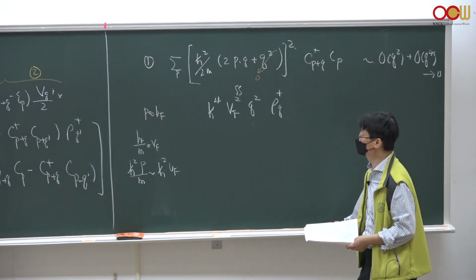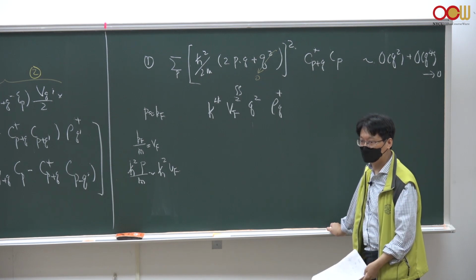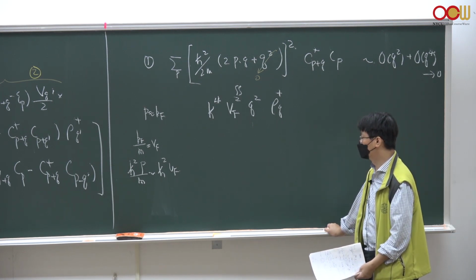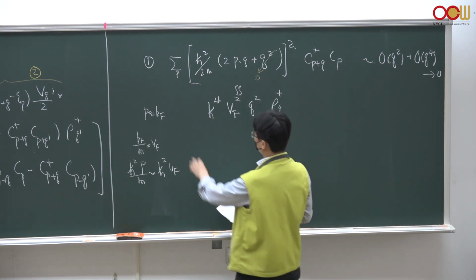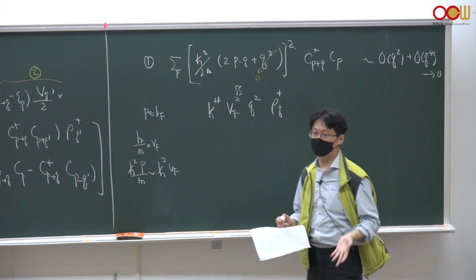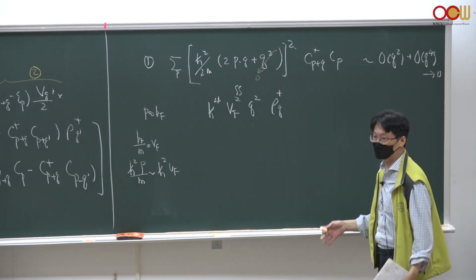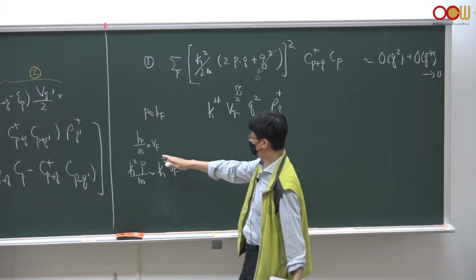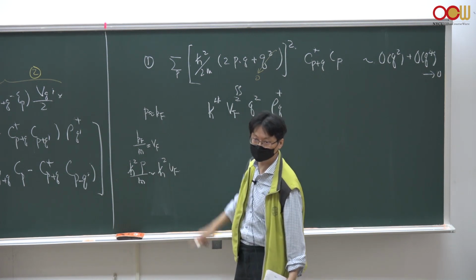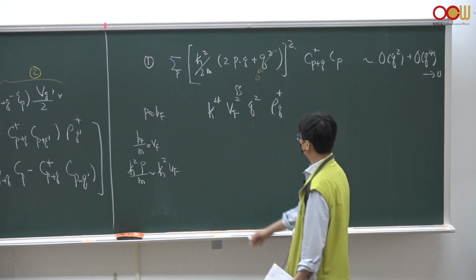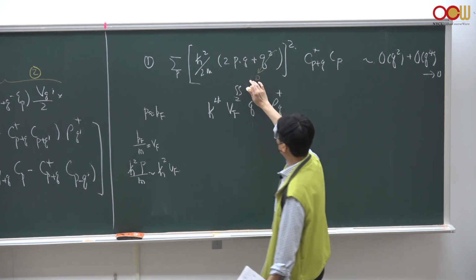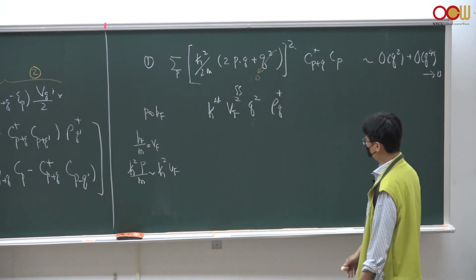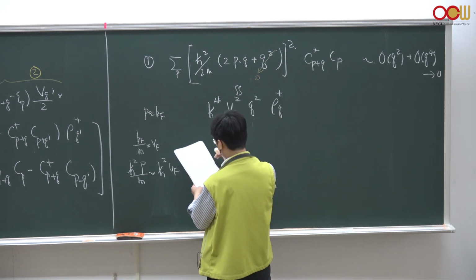This is the first approximation, and because close to zero temperature all the active states are the states close to the Fermi momentum, the momentum P we sum over is very close to the Fermi momentum. So we can make such an approximation. Therefore the leading term is given by this, and we try to neglect it.